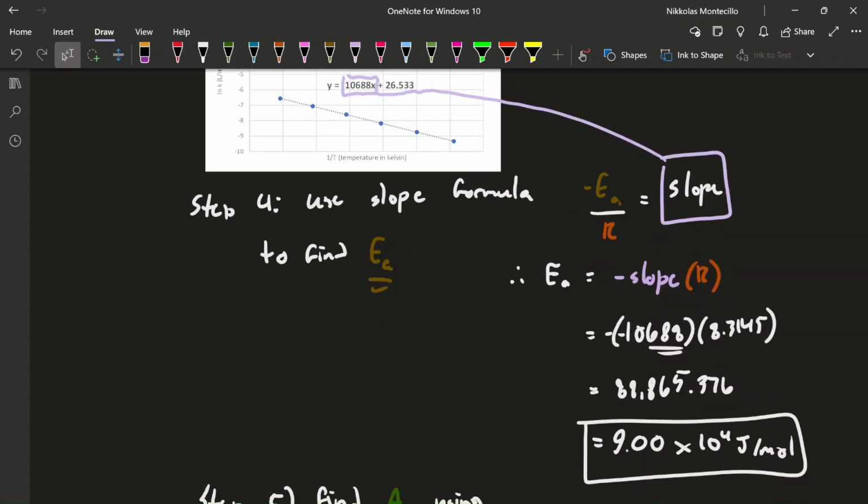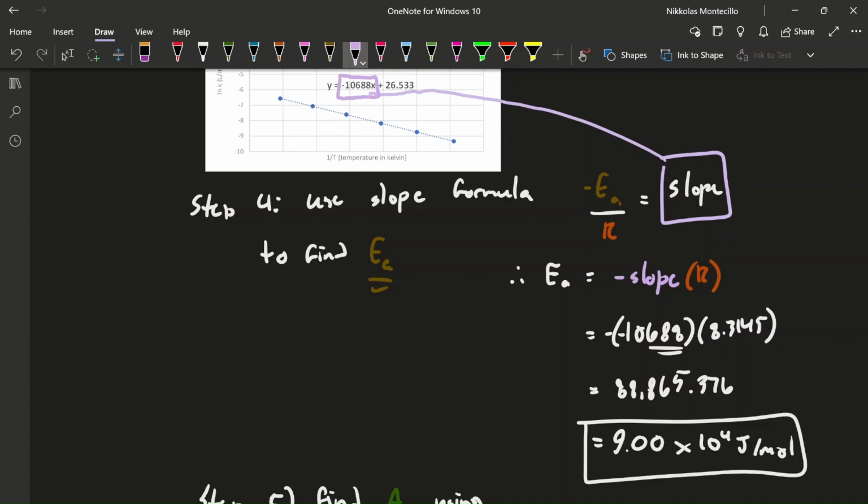Which is negative, times, yeah, oops, the slope is negative 10688. So negative 10688 times negative, the negative symbol, times 8.3145 equals 88,865.376.